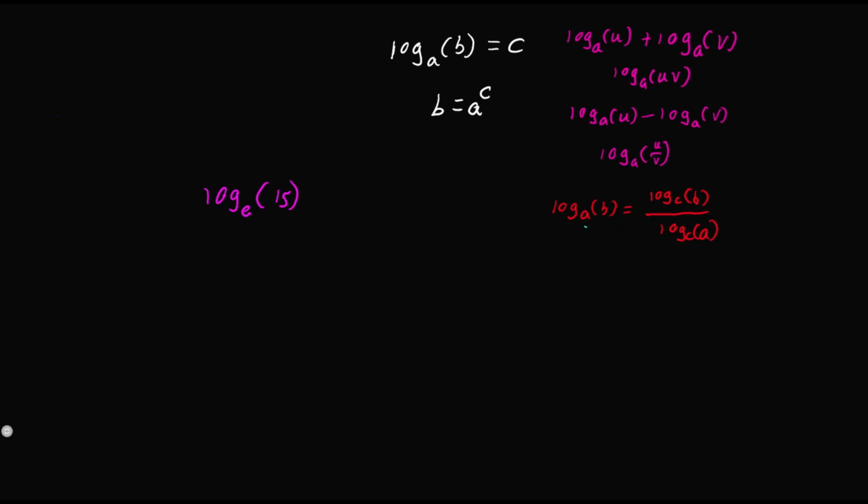Since we already have it here, a and b, we're going to rewrite it as log base 2 of 15 divided by log base 2 of e.